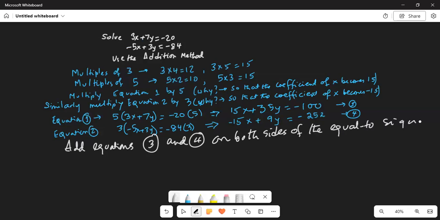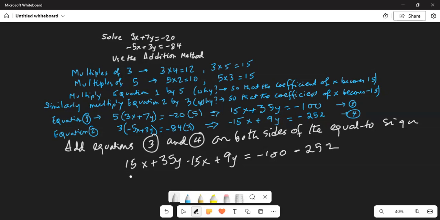So what does it become? It becomes 15x plus 35y, and when you add it, minus 15x coming from equation 4, plus 9y is equal to minus 100 minus 252.